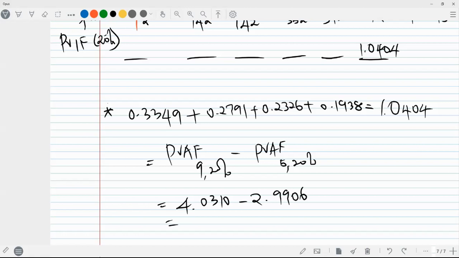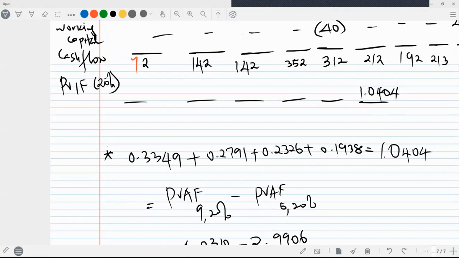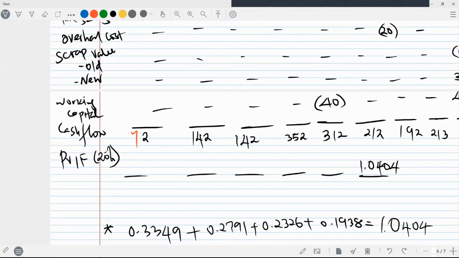What do you get? 1.0404. So you can choose whatever method you prefer, but don't forget that this is an annuity. Every year you have 212: year 6, year 7, year 8, and year 9.